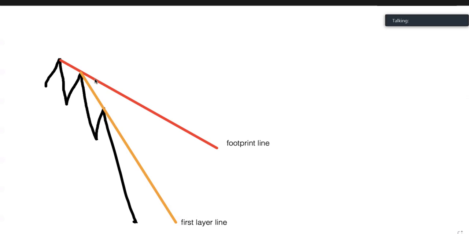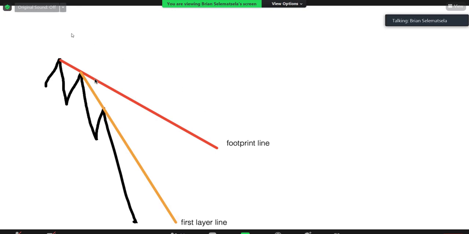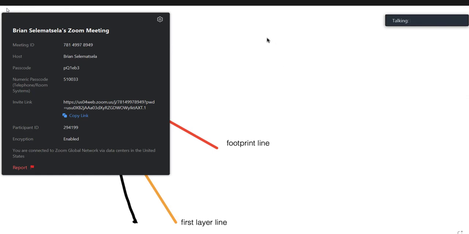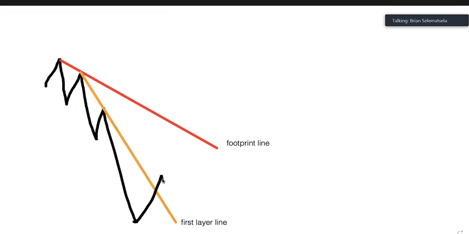Now, what we want to achieve is that we want to wait for the market to break the first layer line.